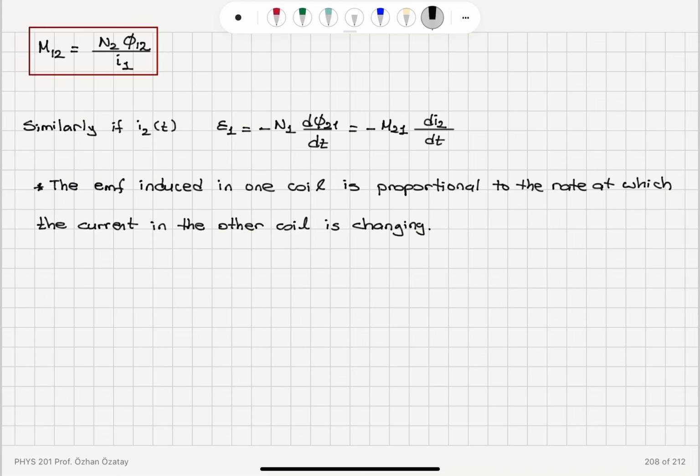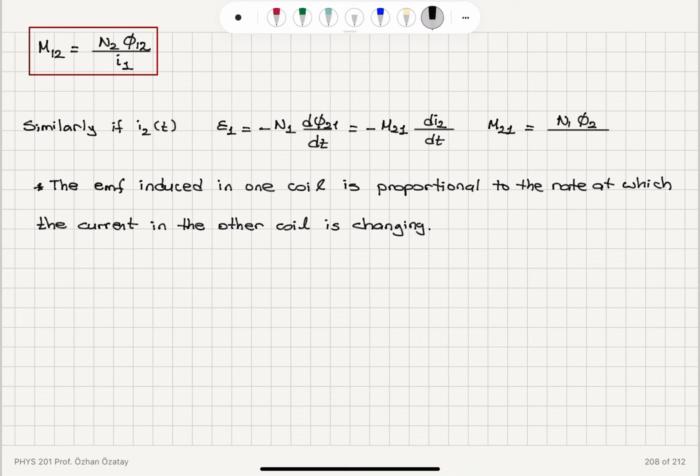So we can see that the mutual inductance on coil 1 due to coil 2 is basically N1, the number of turns in the first coil, times the flux on coil 1 due to coil 2, phi21, divided by the current on coil 2.